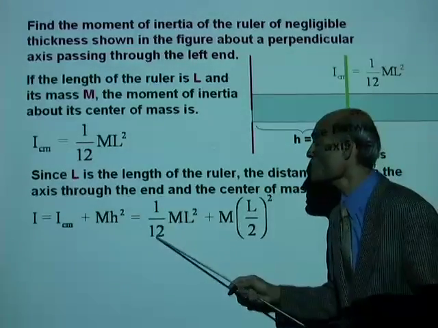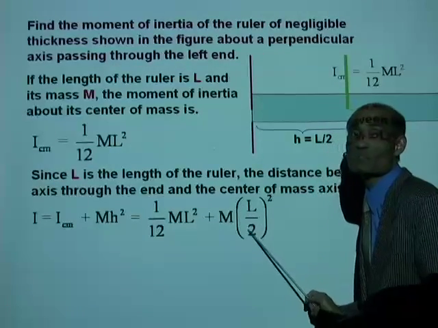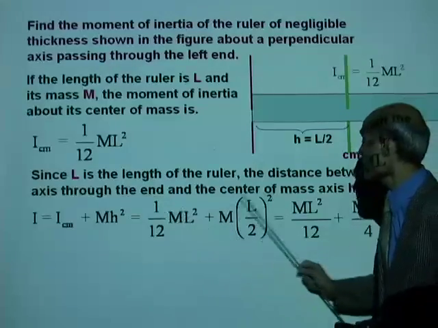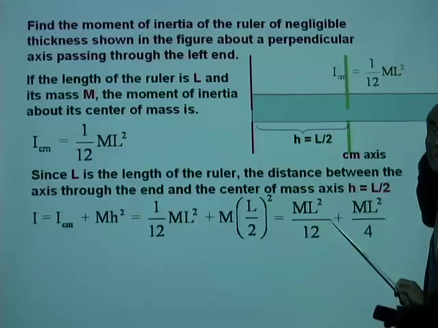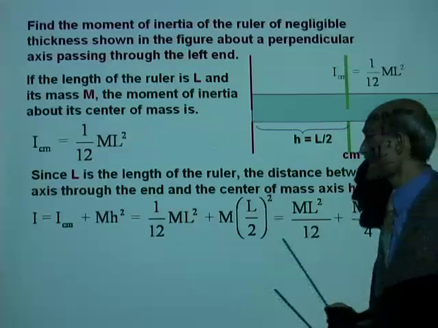So that will be 1/12 ml squared plus m times (L over 2) squared, and that will be ml squared over 12 plus ml squared over 4. And what is that equal to?